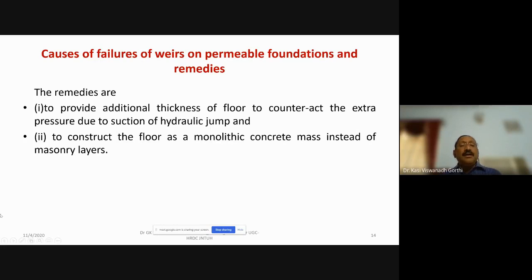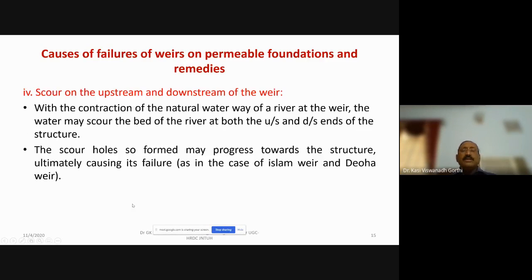The second remedy is to construct the floor as a monolithic concrete mass instead of a masonry layer. If it is constructed as a masonry layer, naturally the failure will be very frequent. Instead, if you construct a monolithic mass concrete structure without any joints, it would be easy to prevent this failure.